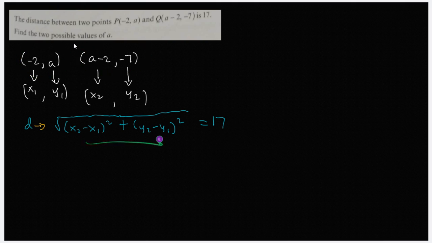So our x sub 2 is a minus 2. That would be a minus 2 minus the x sub 1, which is negative 2.